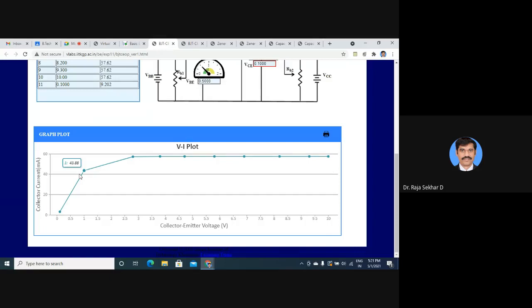Draw all this on A4 size papers. After writing the procedure, circuit diagram, calculations, and expected graph on A4 size white papers, scan that using your mobile and convert into PDF format.